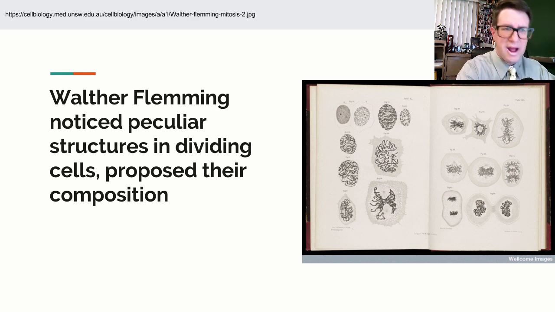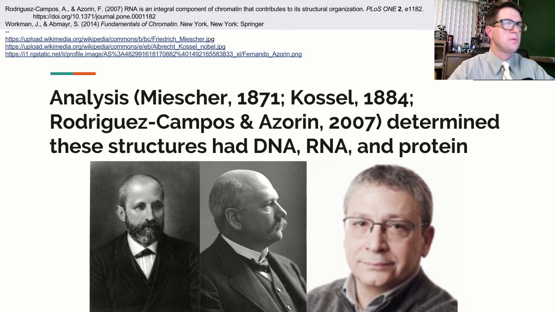But he noticed that there are things that are being composed here, and he named those chromosomes, or the substance that made them up, chromatin. He wasn't the first to characterize that chromosomes were there, but he certainly made it popular.